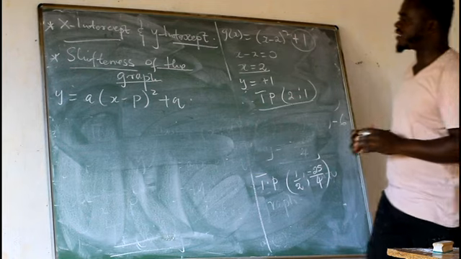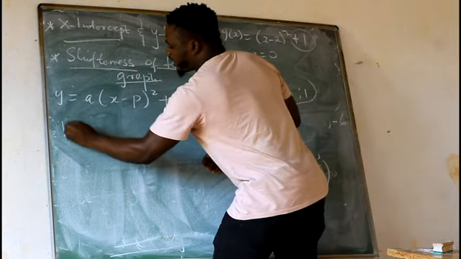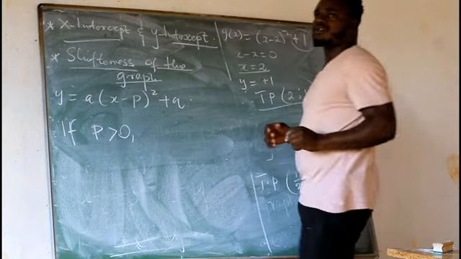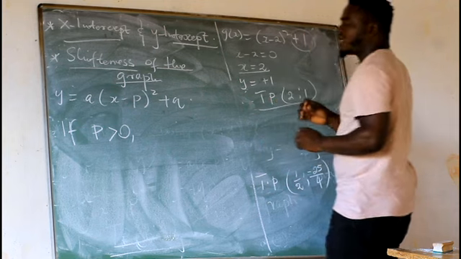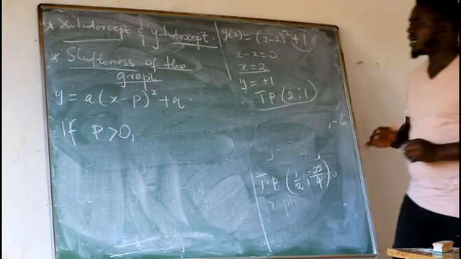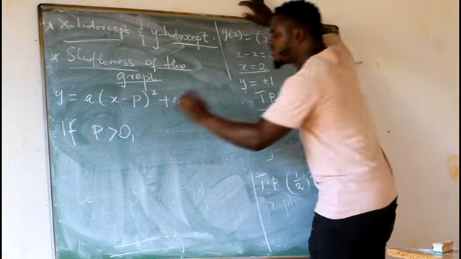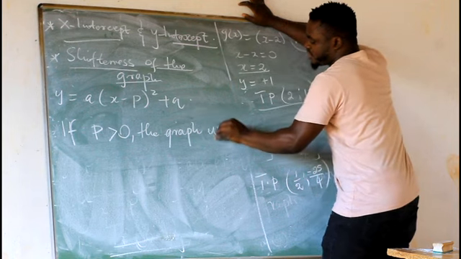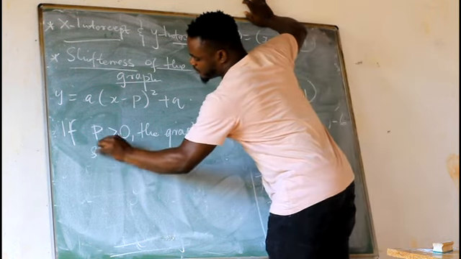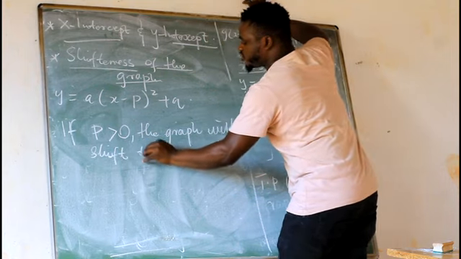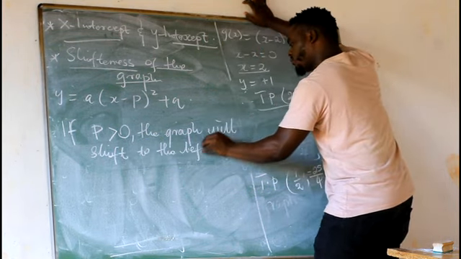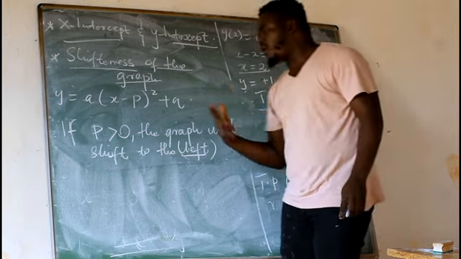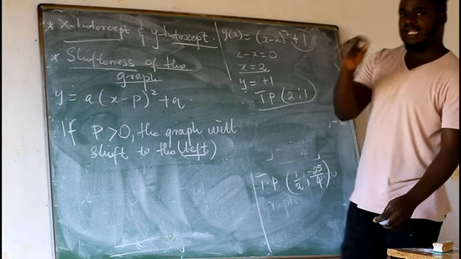Now, let's say if p is greater than 0, which simply means positive, the graph will shift to the left. You must always remember that.